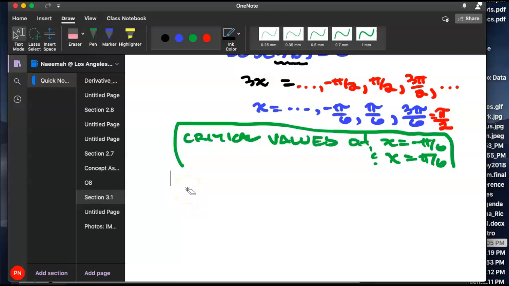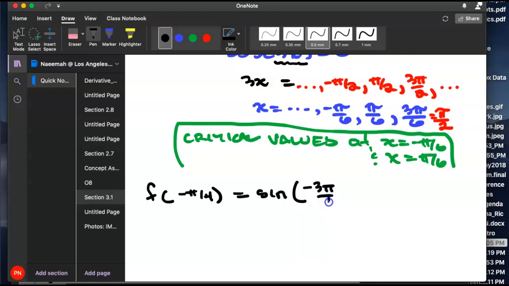So in this particular case, we evaluate f at the endpoint of negative pi fourths, which is sine of 3x, so that's going to be negative 3 pi fourths, a multiple of 45 degrees.